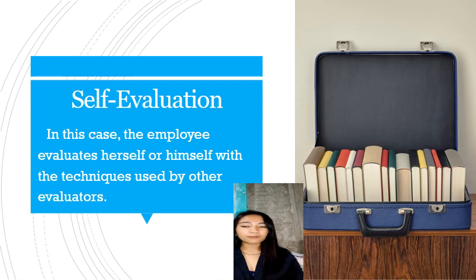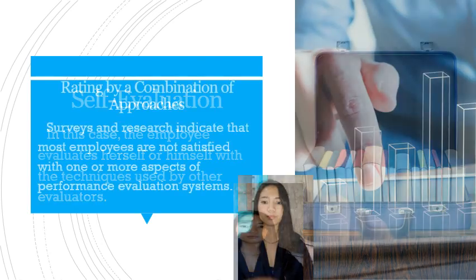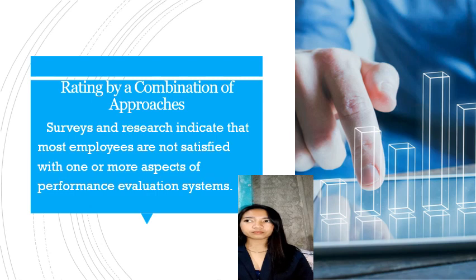In this case, the employee evaluates herself or himself with the techniques used by other evaluators. Rating by a combination of approaches. Surveys and research indicate that most employees are not satisfied with one or more aspects of performance evaluation systems.